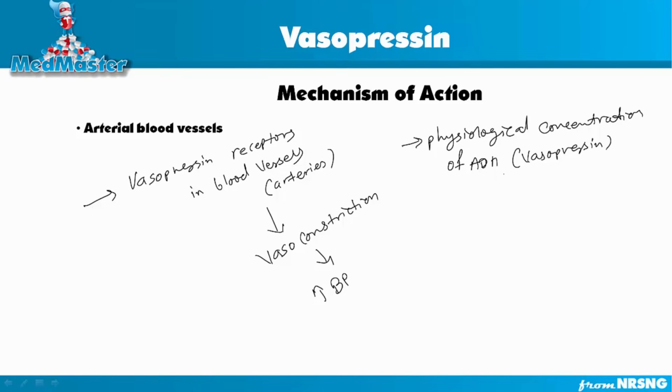So that's one of the mechanisms of action. It increases the blood pressure as well, and also works on the kidney, as we talked about in the previous slide. And usually you see this vasopressin drug in critical care. If someone has hypotension, then they will put them on vasopressin IV drips. So that's the main use.